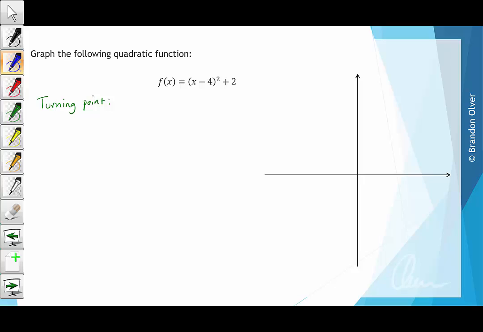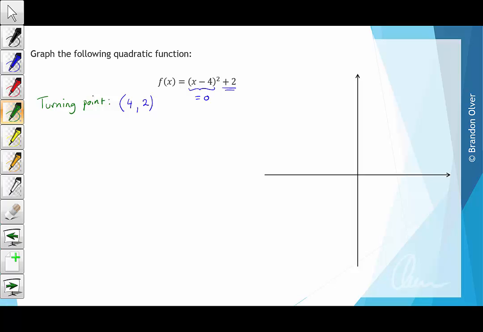So we know that if we have a quadratic in the turning point form, if we let the inside of the brackets equal 0, we get the x coordinate of the turning point. So we get x is positive 4. And then this vertical translation over here, the plus 2, gives the y coordinate of the turning point. So the turning point is at (4, 2).